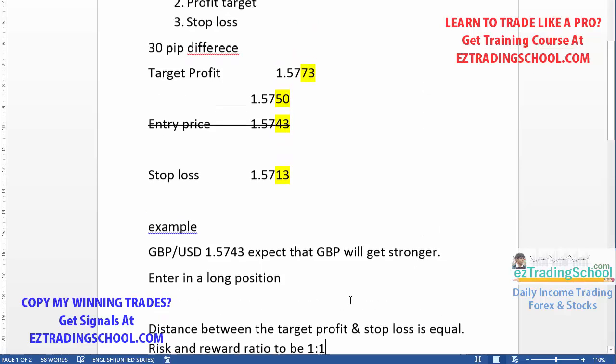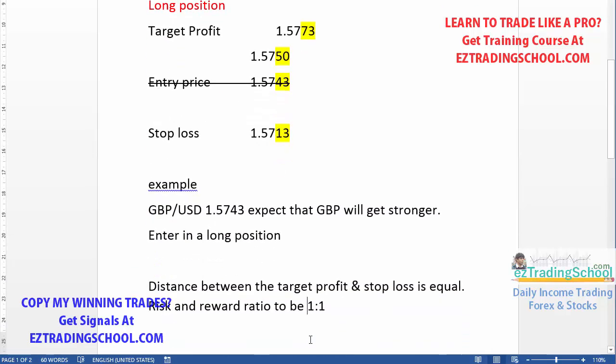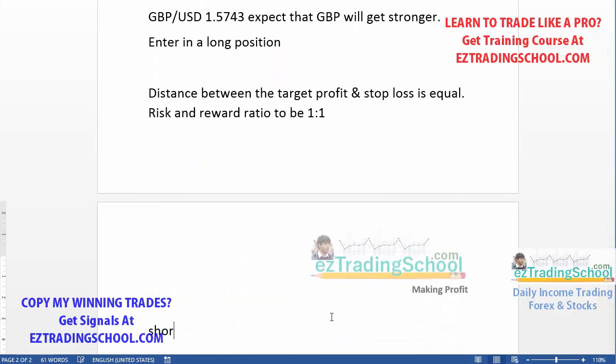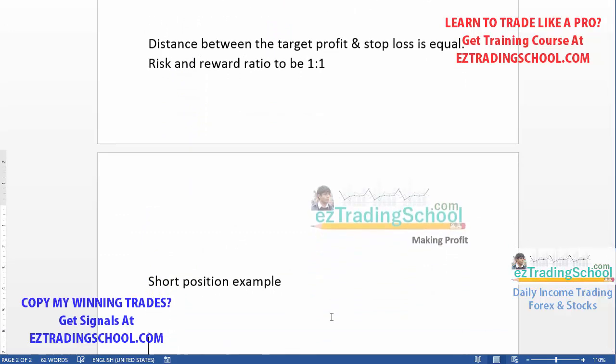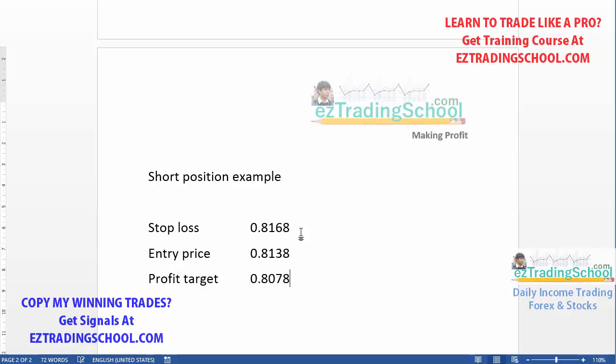In the same manner, we could also do a short position. So this was the long position example, and if I do the short position, we can just say that the stop loss is at 0.8168, and then the entry price could be at 0.8138, and the profit target could be 0.8078.